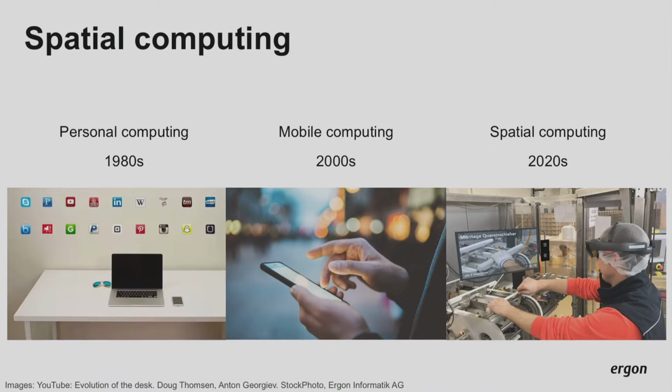I envy you, to be honest. So the screen might now float somewhere in space. This is a virtual screen, which I just recorded from outside and took a screenshot of. So the worker now has hands-free, doesn't have to carry something, and the information is now bound somewhere in space.